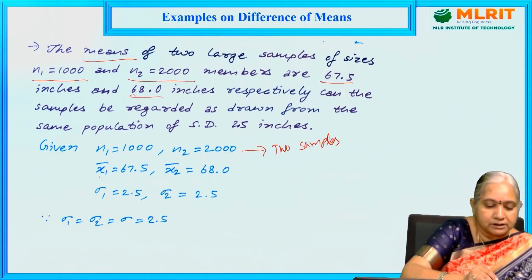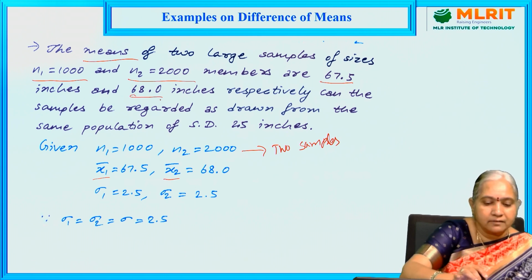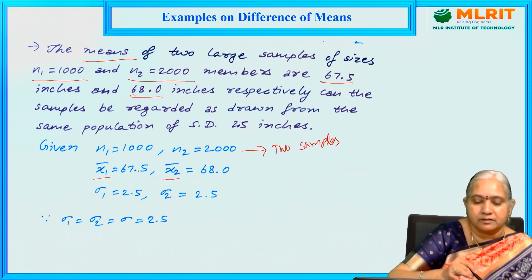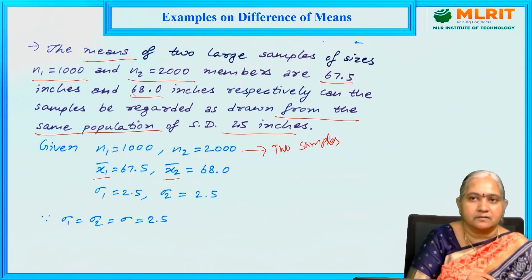Mean of the first sample x1 bar, mean of the second sample x2 bar, is given as 67.5 inches and 68 inches. And it is also given: can the samples be regarded as drawn from the same population of standard deviation 2.5 inches?